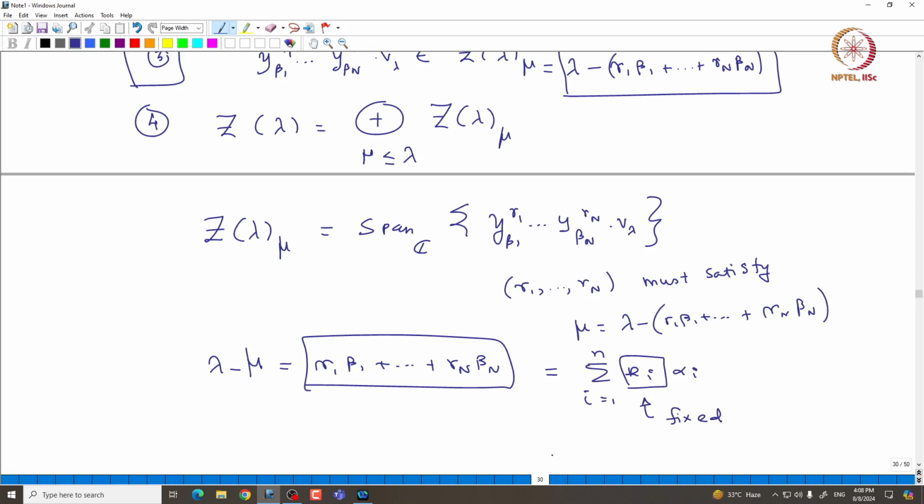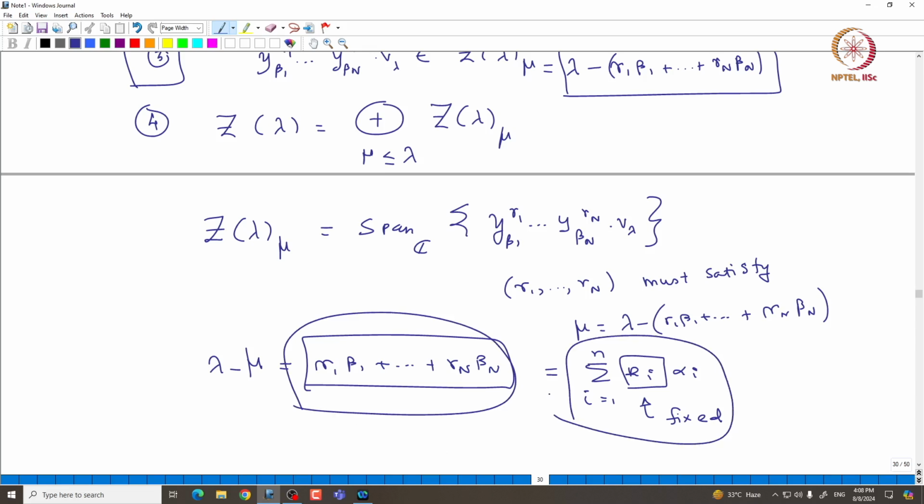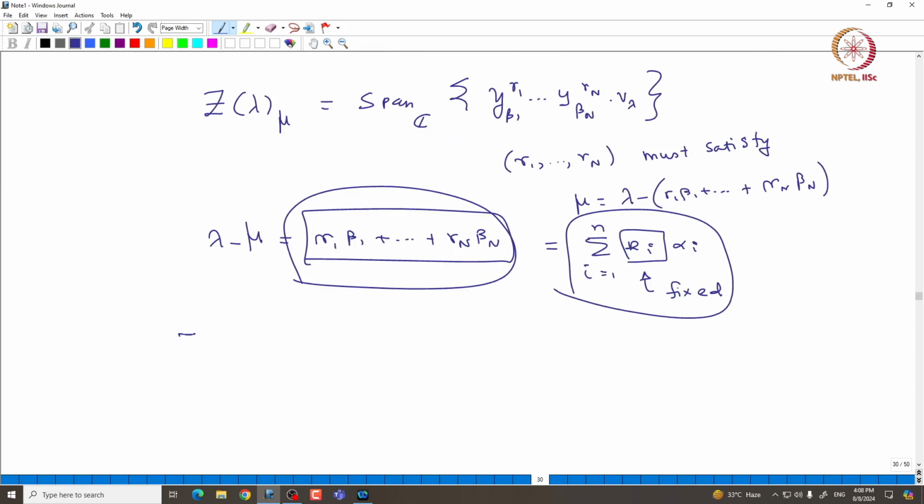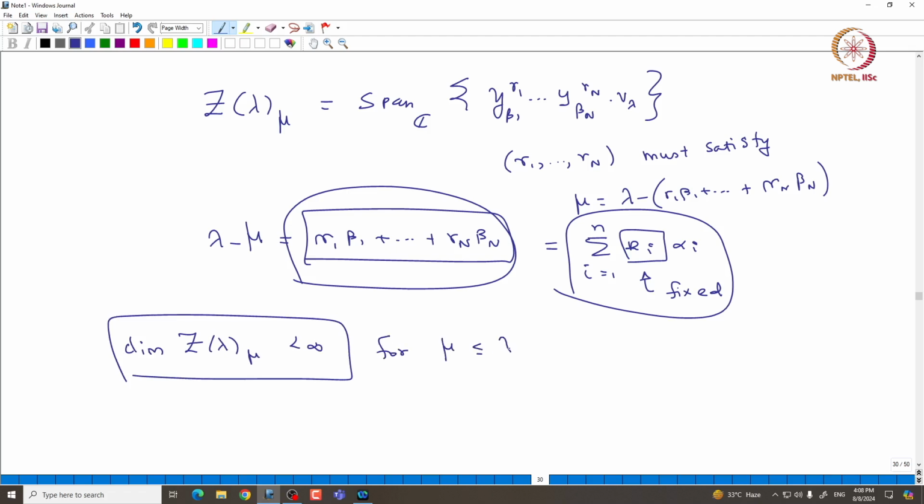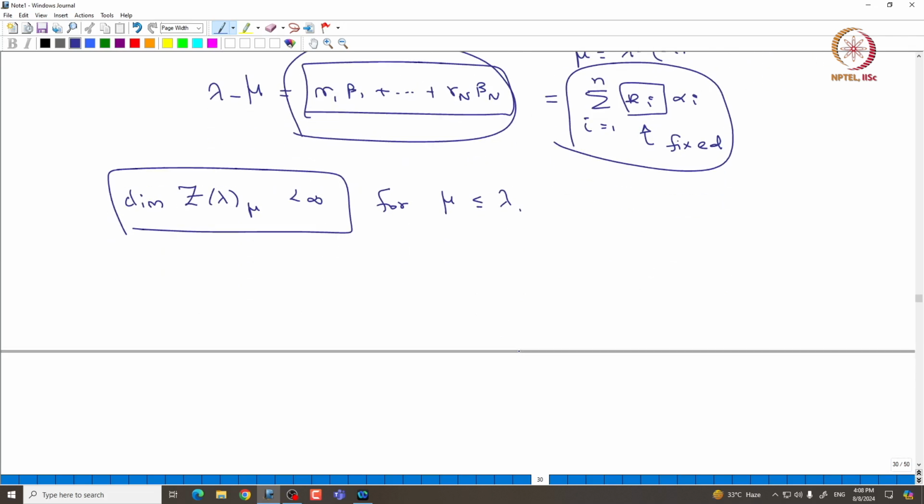Because these k_i's are fixed, there will be only finitely many tuples R1 etc. Rn such that this vector equals the given vector. So this proves that Z(λ)_μ has finite dimension for all μ less than or equal to λ. It could be 0, we do not know.